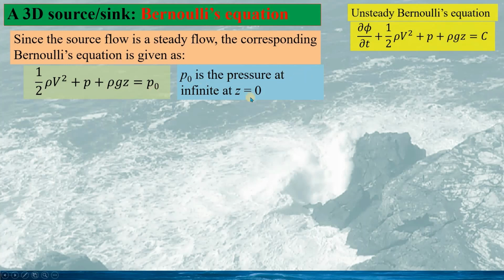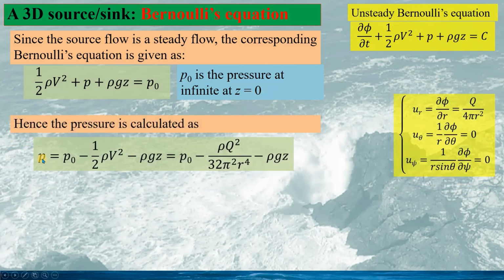P0 is the pressure at infinity at z equaling 0. Then we can calculate the pressure P as this. P0 here is the reference pressure. We can take it as 0 if we assume the pressure at infinity at z equaling 0 is 0.